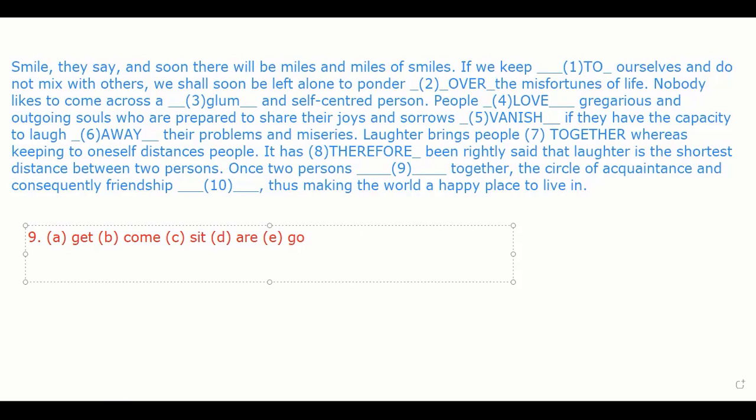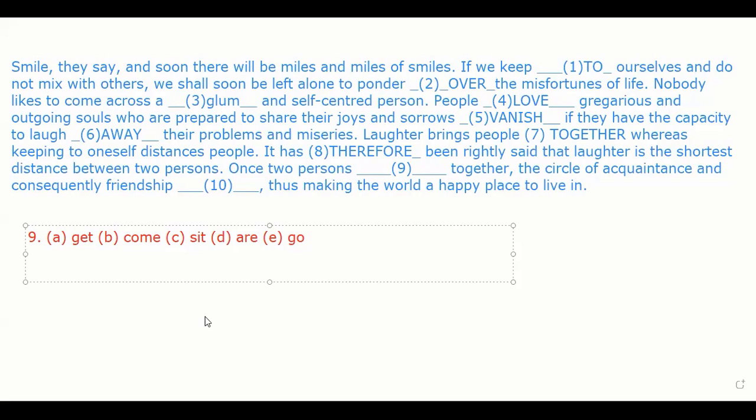No, I'll tell you what the context is here. One, two persons get together means they are going along well, in a long and continuous relationship. But before getting together, what should happen? People should come together, right, guys? Come together is the start point of that. First you come together, make friendship, acquaintance, and then you get together, get along.